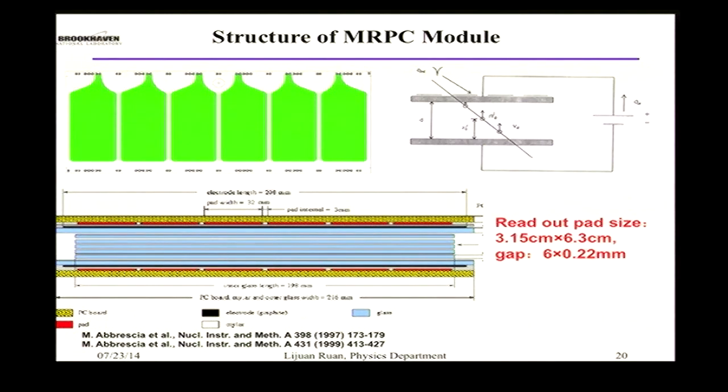And why can it give us very, very good timing resolution? I give you a cartoon here. For the MRPC detector technology, we have 6 gas gaps in total, and here just 1 gas gap. So you can imagine when a charged particle goes through the gas, there is an ionization process. So electrons and positive ions will be generated.